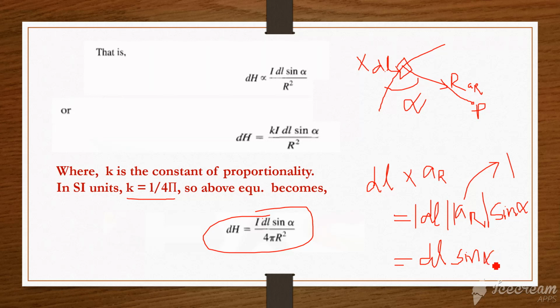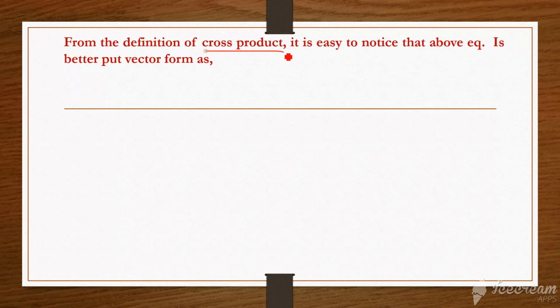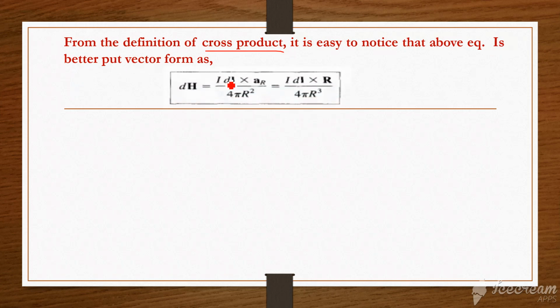Now in this expression, DL into sine alpha is replaced by DL cross AR. That is the next step. From the definition of cross product, it is easy to notice the above equation is better put in vector form. So we get I into DL cross AR.